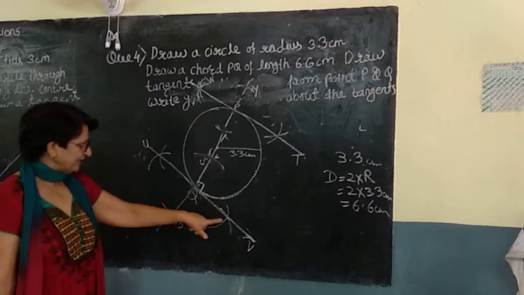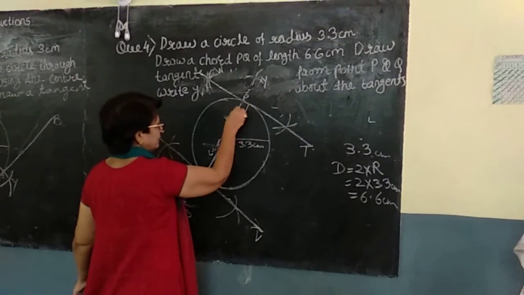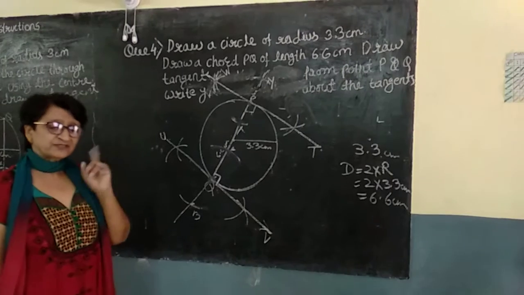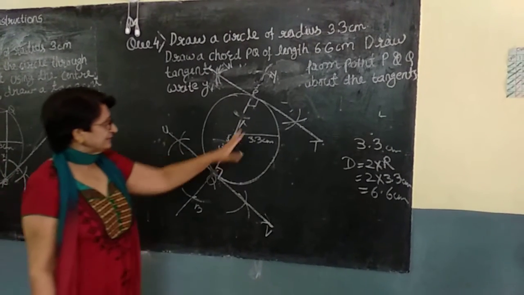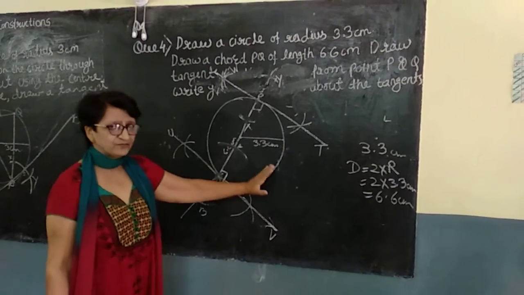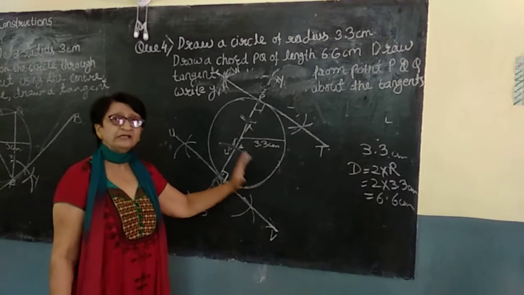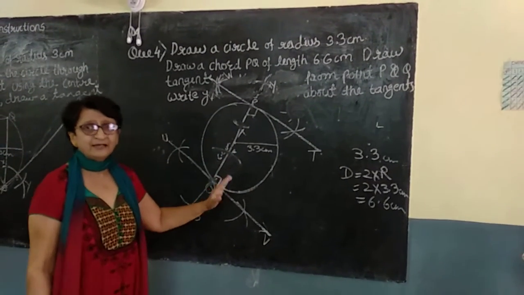Radius and the tangent always make 90 degrees. So this is also 90 degrees. Now, what did you learn in parallel lines? That the sum of the interior angles on the same side of the transversal is 180 degrees. If it proves this, then those two lines are parallel.